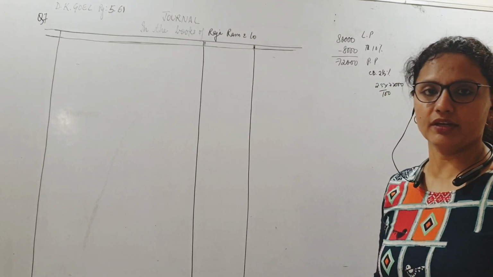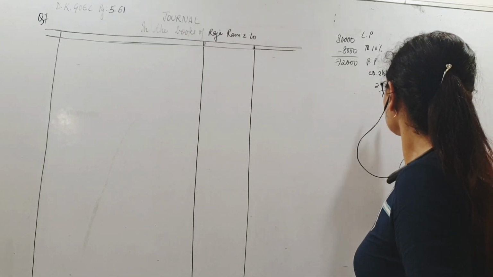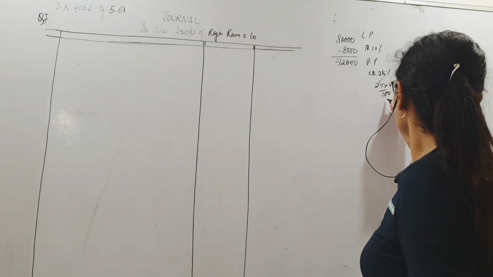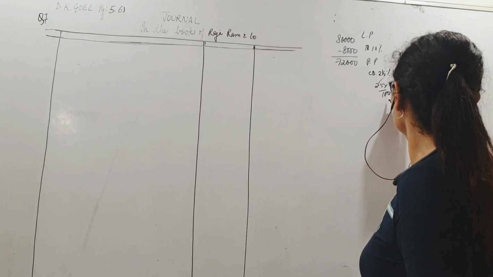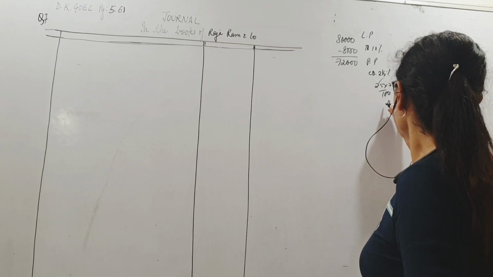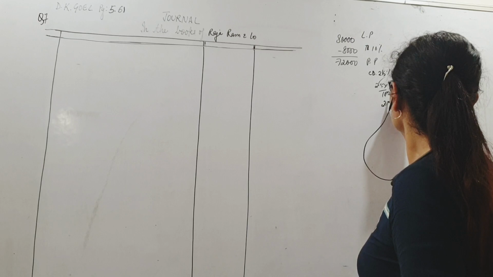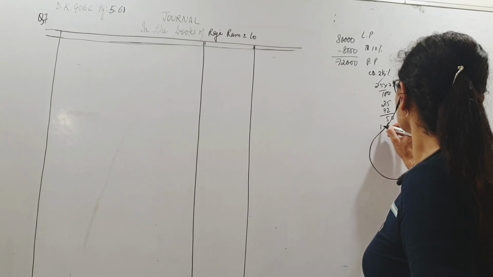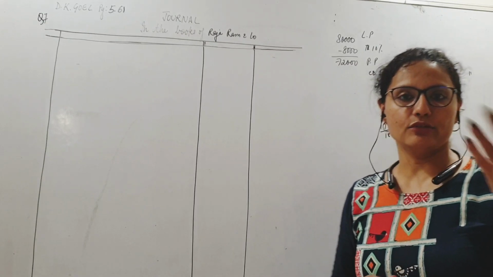2.5 into 72,000 by 100. Okay, use your calculators for that and it will come to 1,800.